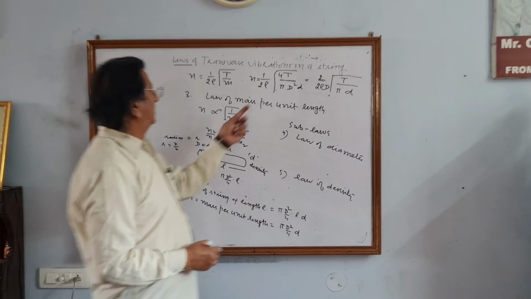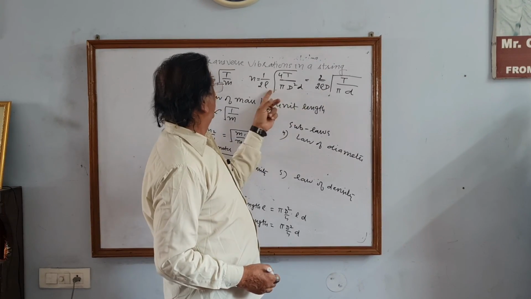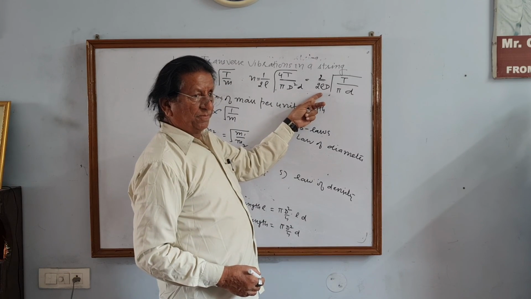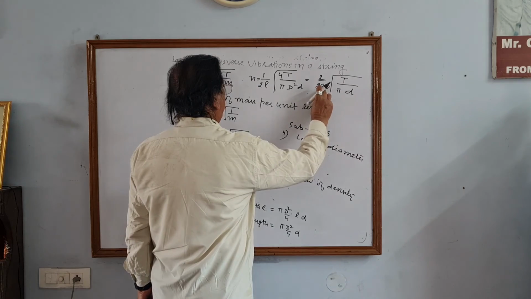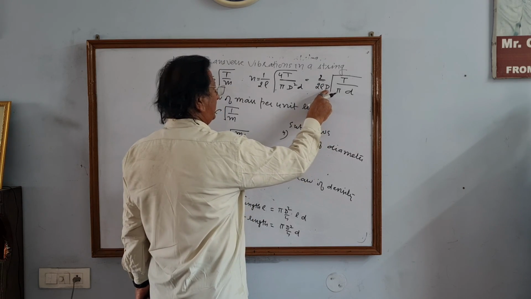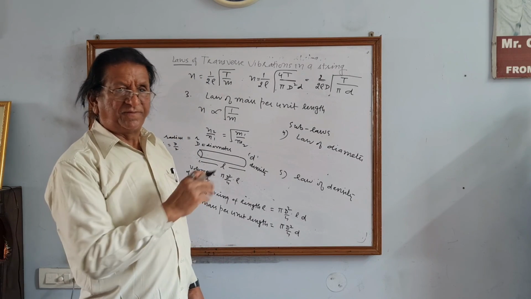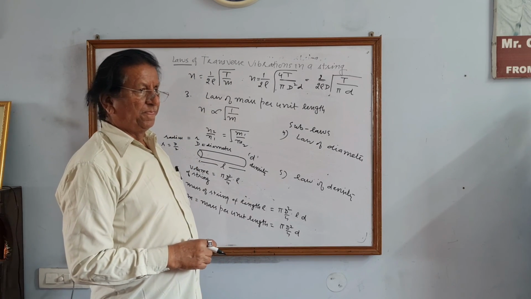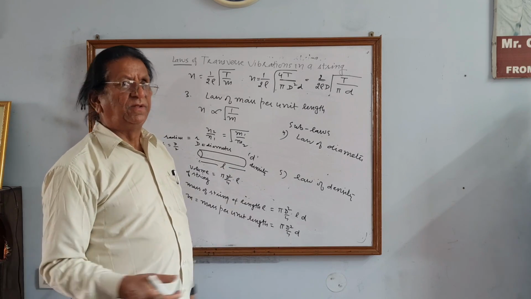Square root of 4, 2 comes, square root of D square, D comes, l is already out. Okay. Now you have both the parameters, diameter of the string and the density of the material of the string. Now how fundamental frequency is related to each of these, that will provide you the new law.